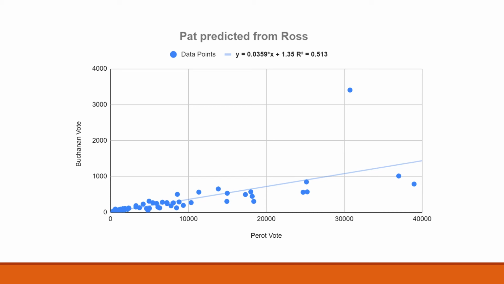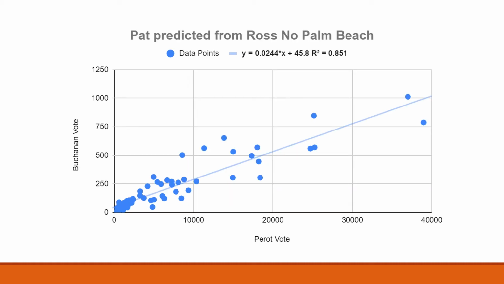We also find that the R-squared value is equal to 0.513, which shows that 51.3% of the variation is explained by this graph. Next, we look at the same line graph without the Palm Beach outlier. And we see that our new R-squared value is equal to 0.851.